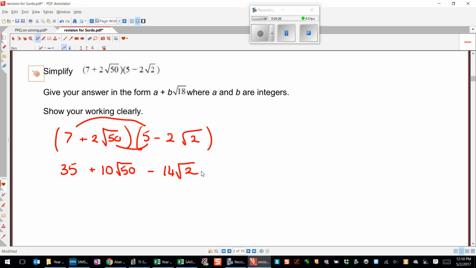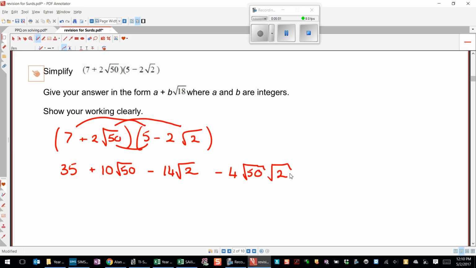Okay? I think we've got that wrong there. And then we've got 2 root 50 times negative 2 root 2. Now, what we can do is 2 times the 2, so that's negative 4, and we've got root 50 times root 2.